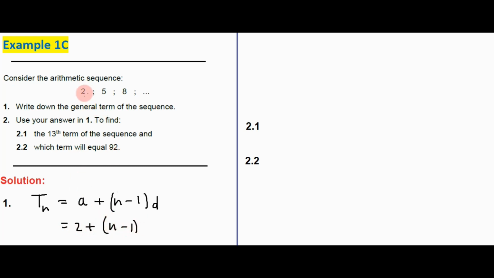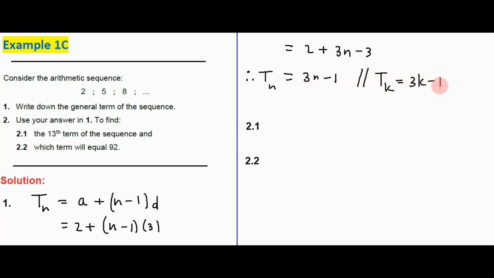And then d, of course, is 3. We are adding 3 each time to get to the next term. So it's times 3. And then simplifying, we get 2 plus 3n minus 3. And we find the general term comes to 3n minus 1. So that's t sub n, the general term. Often we also use k in the place of n. So we could have written it as t sub k equals 3k minus 1.